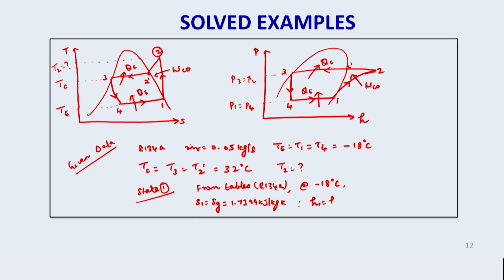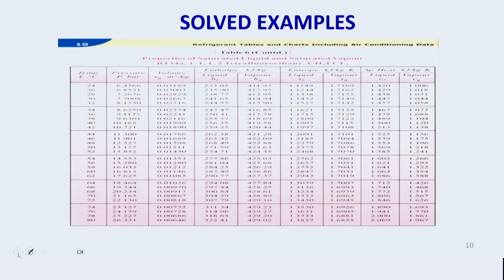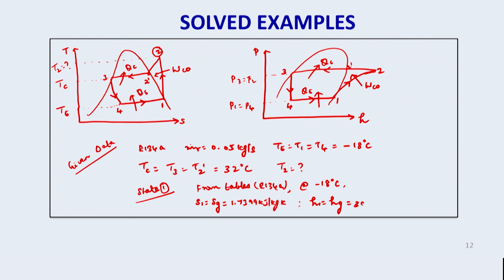H1 is equal to the vapor enthalpy at the same temperature, minus 18 degrees centigrade. This is liquid enthalpy, this is vapor enthalpy, 387.89 kilojoule per kg. So we have found the enthalpy at state point 1.